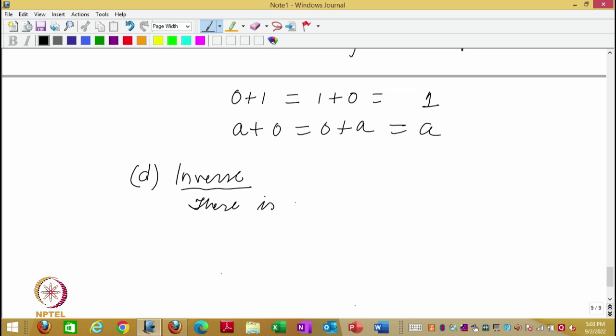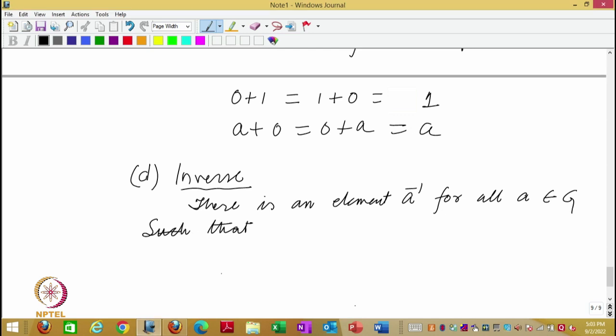There is an element A inverse, for all A belonging to G, such that if you combine A and A inverse, or A inverse and A, you should get the identity.